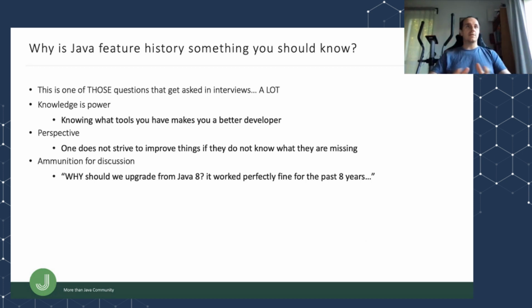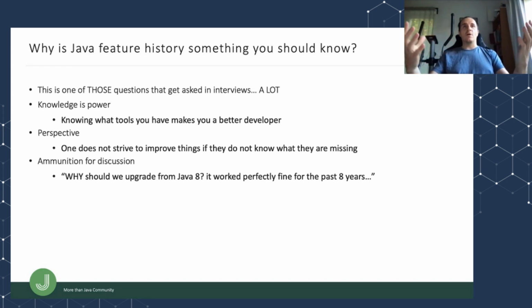The first, very selfish thing is that it's one of those questions that gets asked in interviews, and that happens a lot. I've been in a number of those, and that definitely gets asked. Probably not very deep, but at least know a few that you really like, and learn more about them so you can have something to talk about.